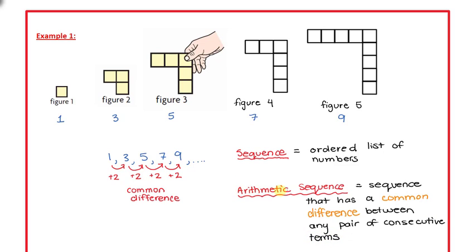So the definition of an arithmetic sequence is a sequence of numbers that has a common difference between any pair of consecutive terms.